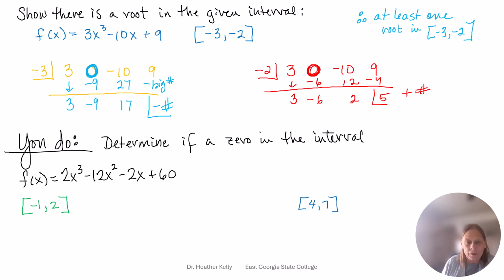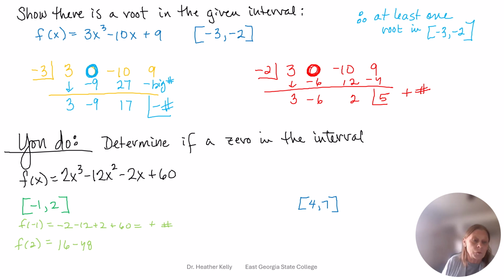So here for this first guy, f of -1. When I stick in -1 here, I'm going to wind up with -2 minus 12, because the negative doesn't change that, plus 2 plus 60, and that is a positive number. And it doesn't matter what the number is. Remember, again, we're just looking for a sign change. f of 2 here, so that's 8 times 2 is 16, minus 12 times 4 is 48.